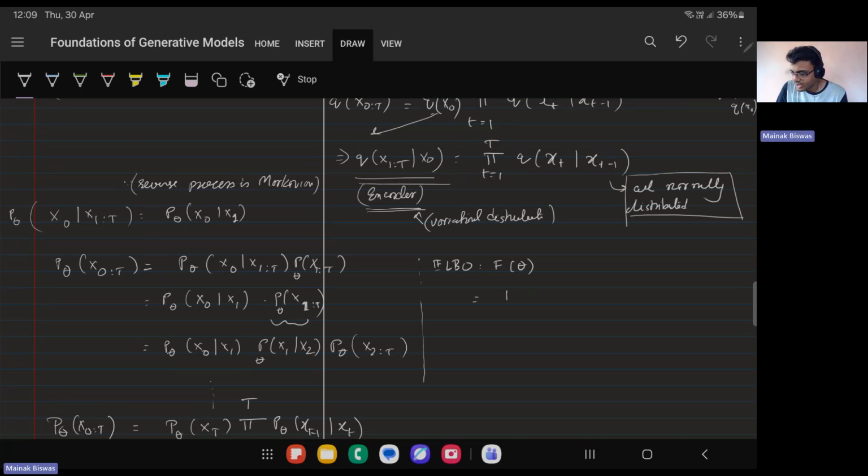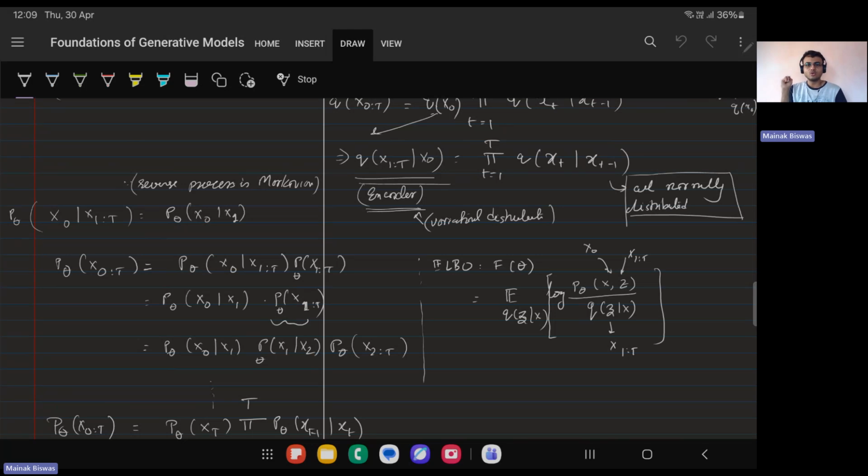So we know that the ELBO is often defined with q of z, where z is the latent, given x. We have defined this in the previous lectures, and this is a joint distribution of the data and the latent under the decoder model, over the variational distribution, the q of z given x. As soon as I write this, you'll be able to tell me what the zs are here. Zs are x1 to t, and x is equal to x0.